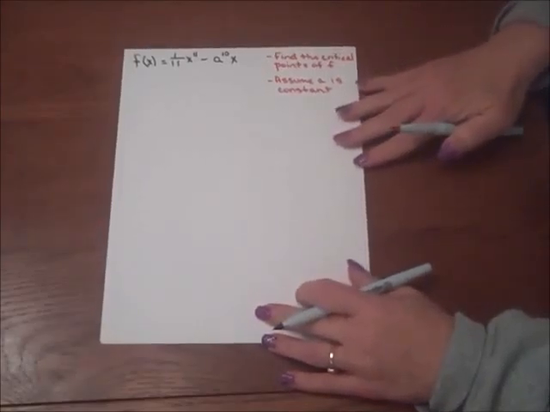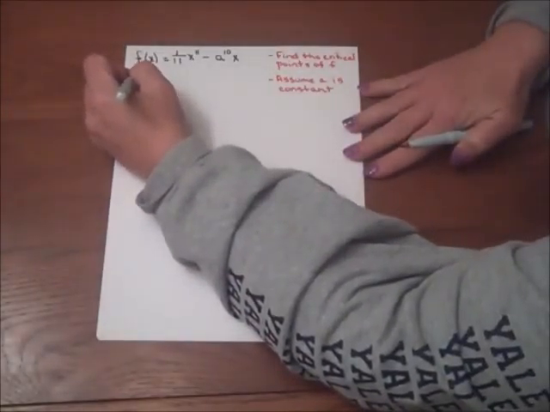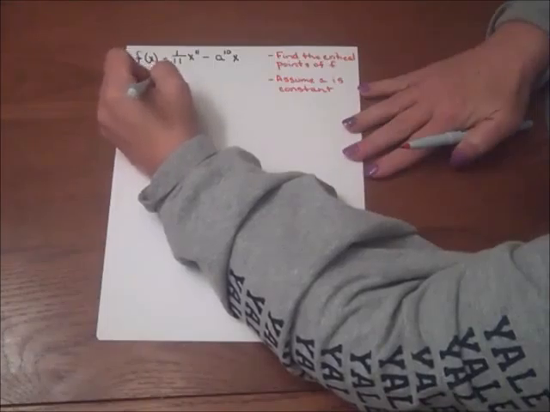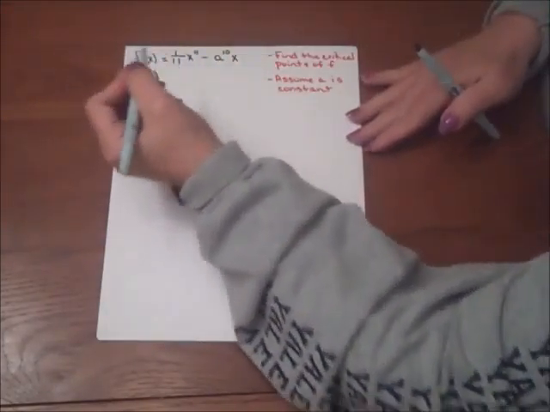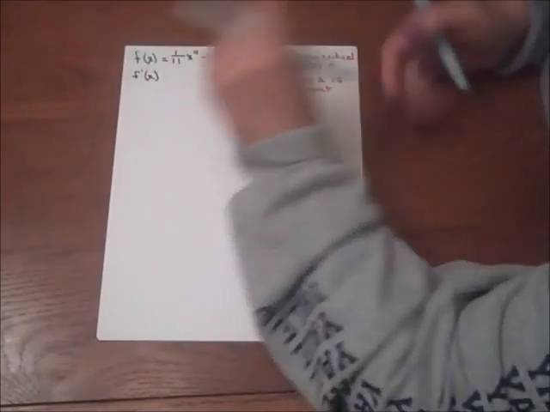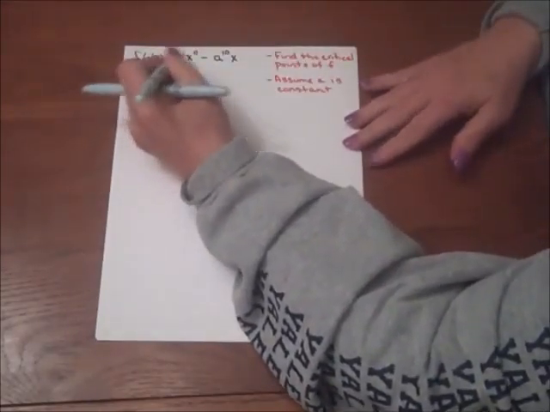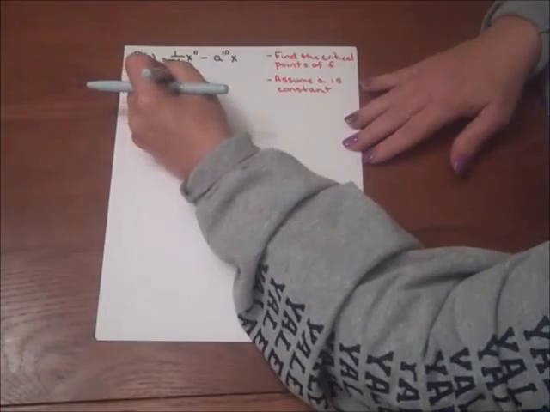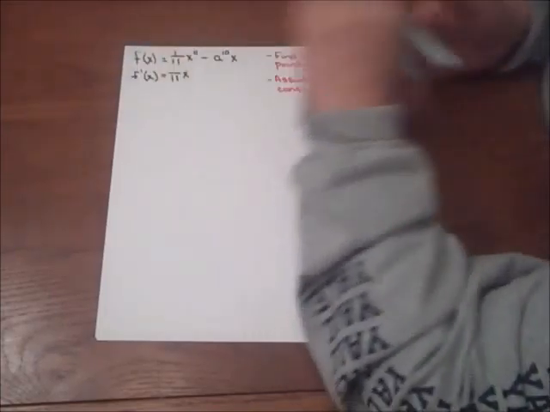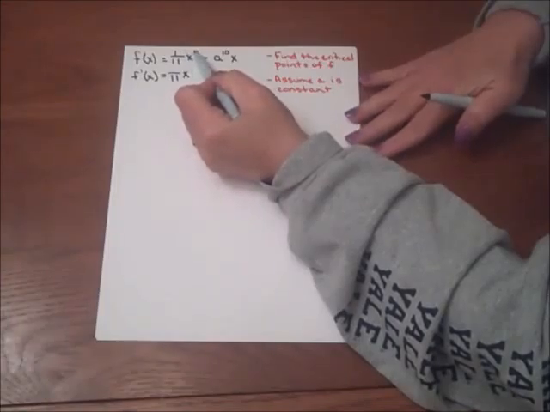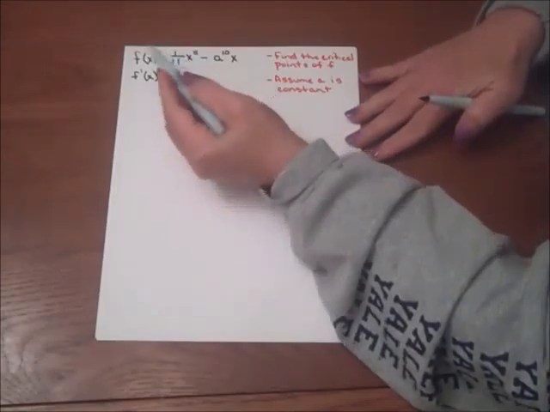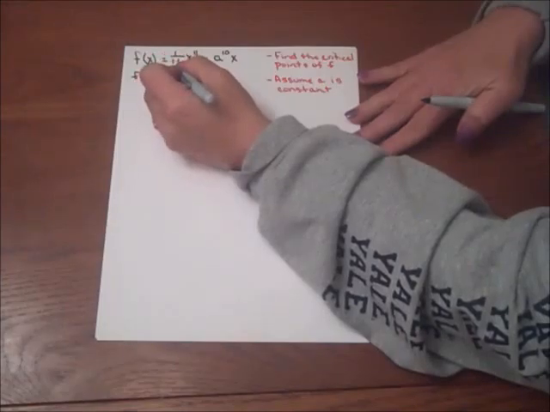So the first thing we do is find the derivative with respect to x. So f prime of x equals, we have x to the 11th, so we're going to bring that 11 forward and multiply it times the 1/11th.